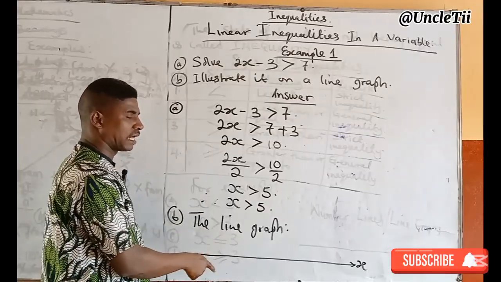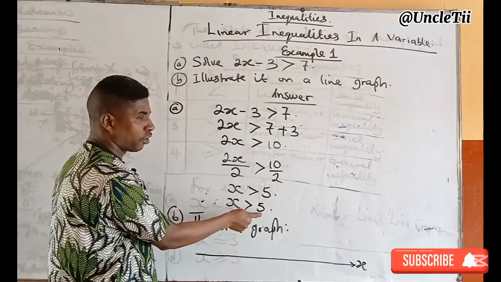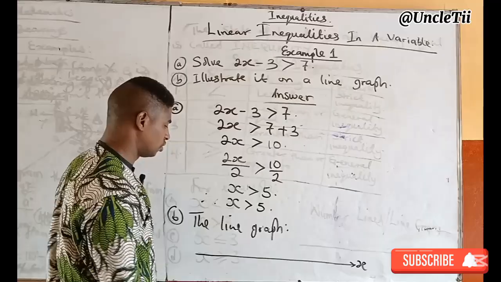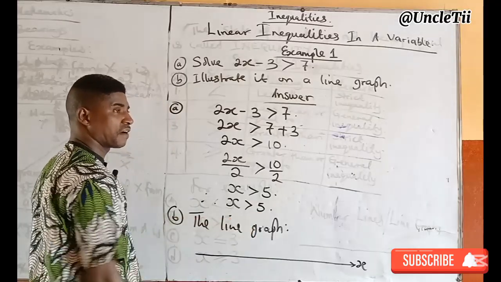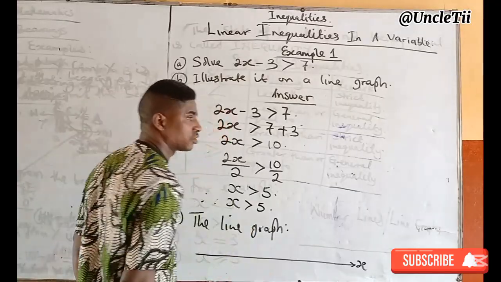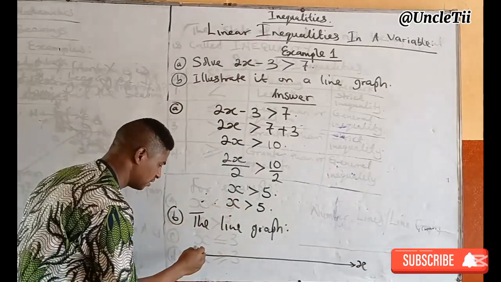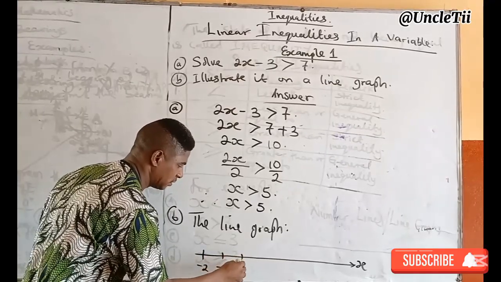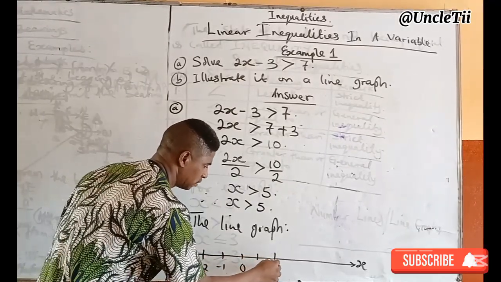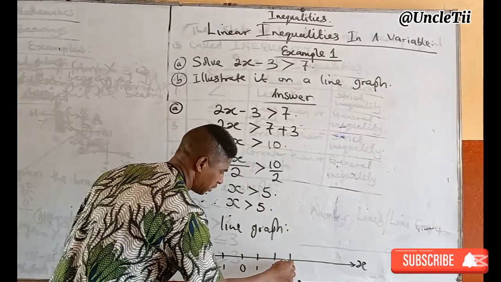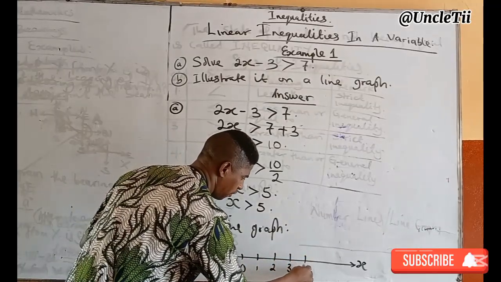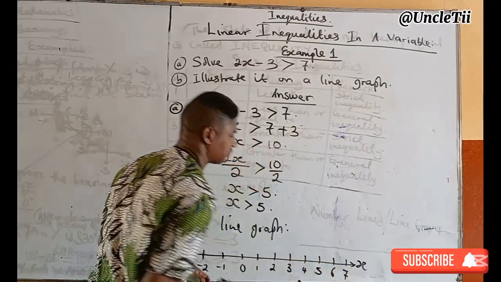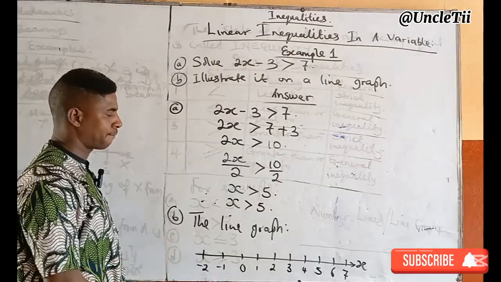Make sure that the graduation incorporates the constant entity in your solution to the inequality. The value is 5. So I'm going to graduate this x-axis so that at least I can get 5. Therefore, we'll begin with, say, minus 2, minus 1, 0, 1, 2, 3, 4, 5, 6, 7. We may stop there.